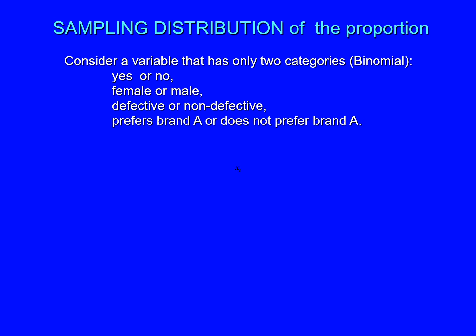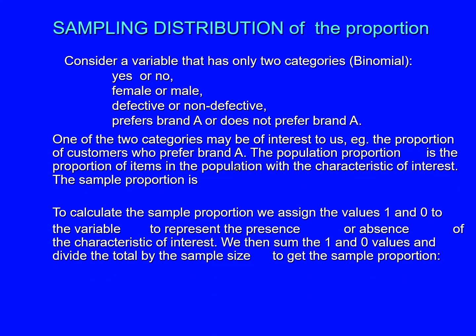We have some classification here between two categories, right? Categorical variables with two categories only, and we want to calculate the percentage of a specific category. So we are interested in the percentage of the occurrence of one category, and we call it P.